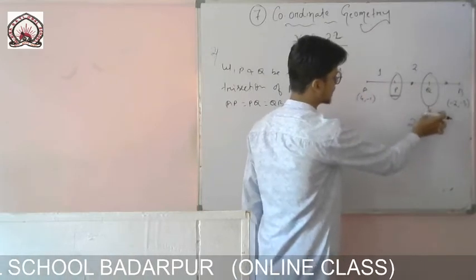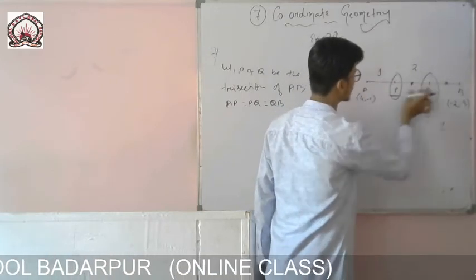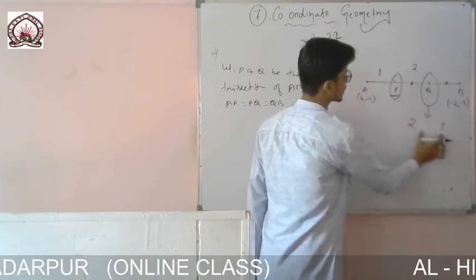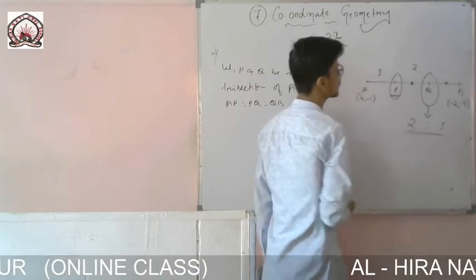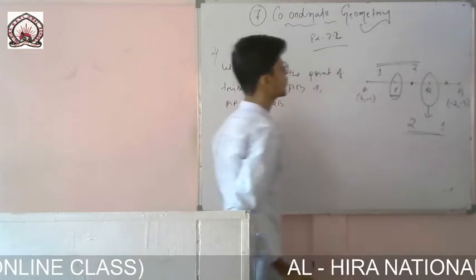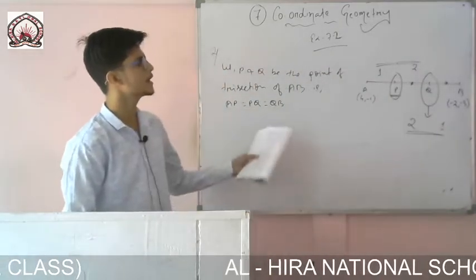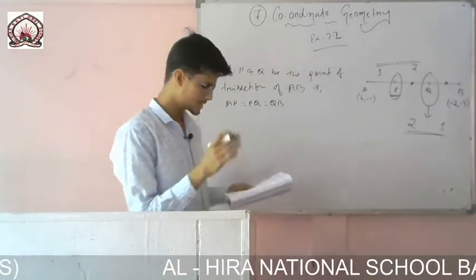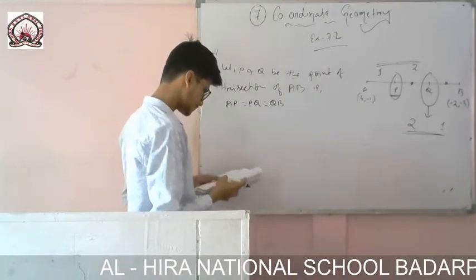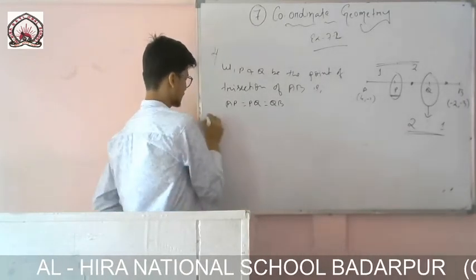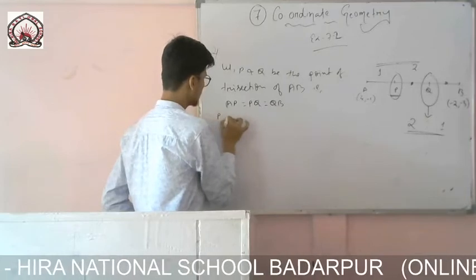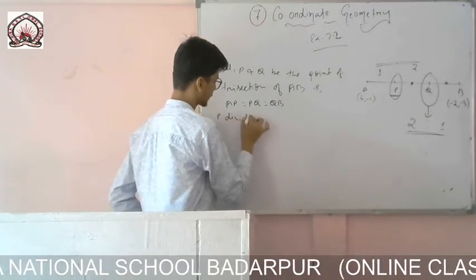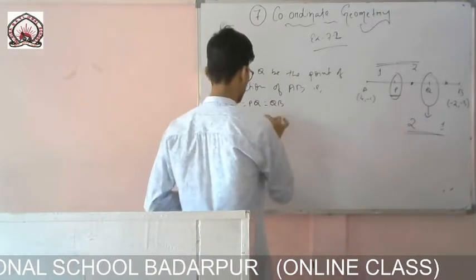Q divides the line in the ratio: this side only one part, and there are two parts, so for Q the ratio will be 2:1, and for P it will be 1:2. Okay, so these are the ratios. So you write, therefore P divides AB internally.